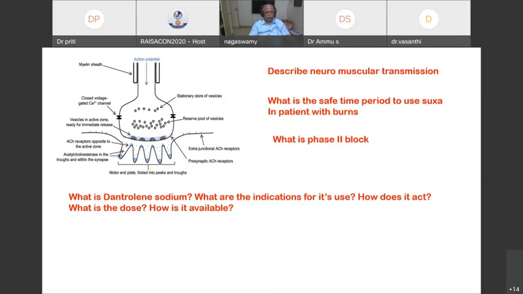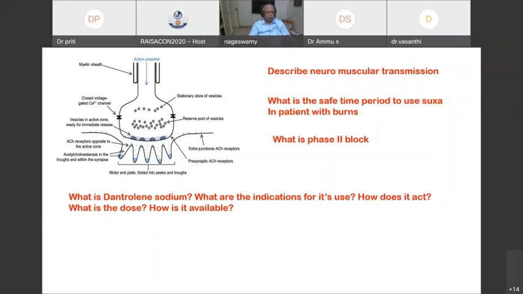So after the stimulus is over, this calcium will go back into the sarcoplasmic reticulum and the ryanodine receptor will close so that the contraction is terminated. So troponin I will start working, it will inhibit this coupling and it will release the coupling of actin and myosin. That is what will happen once the stimulus is gone.